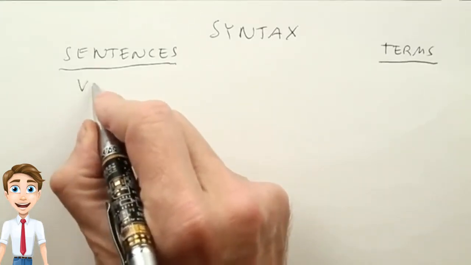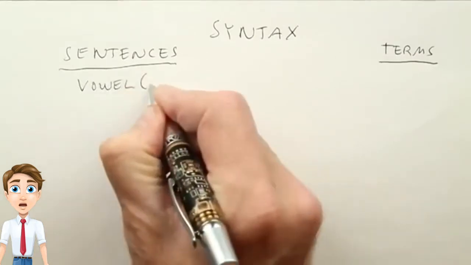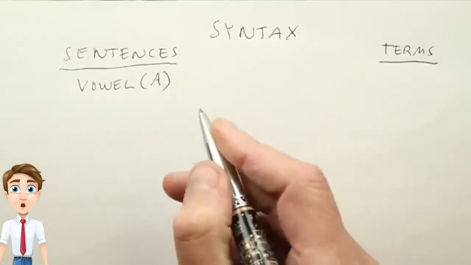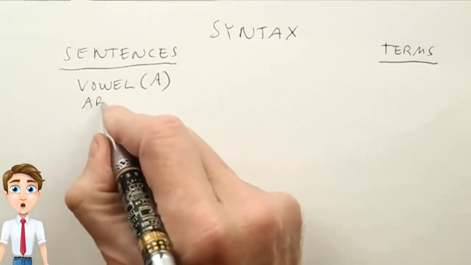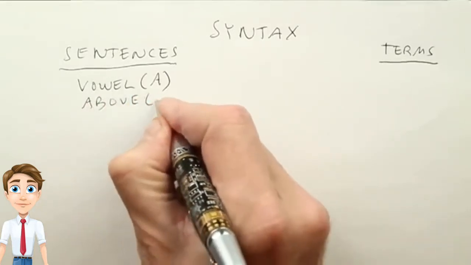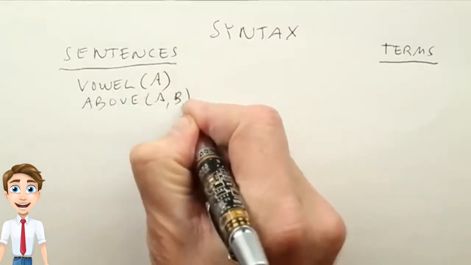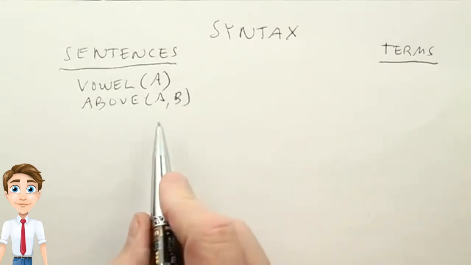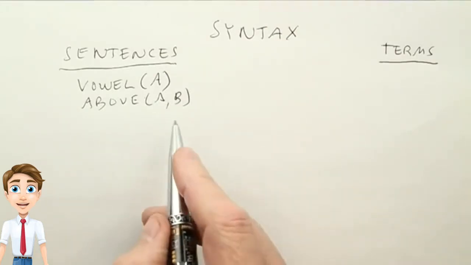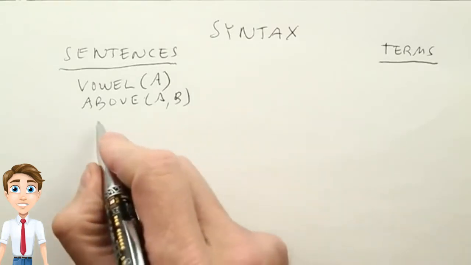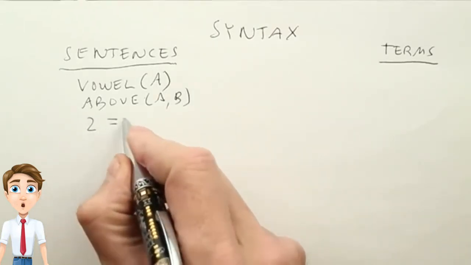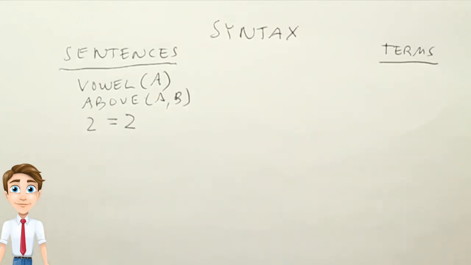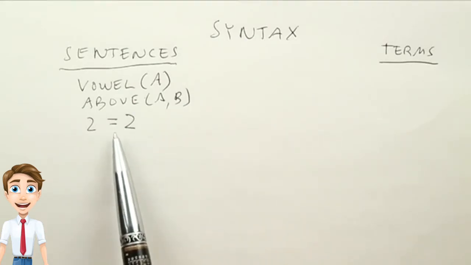So we can say vowel of A is an atomic sentence, or above A, B. And we also have a distinguished relation, the equality relation. We can say 2 equals 2. And the equality relation is always in every model.